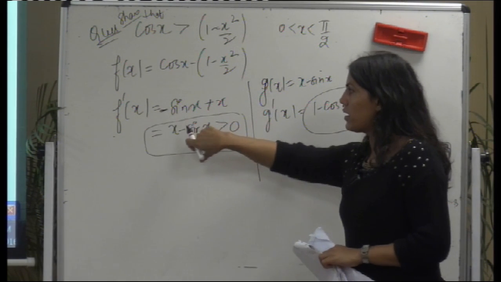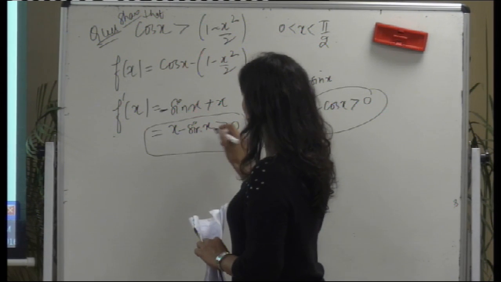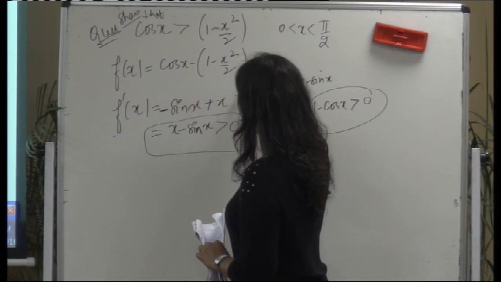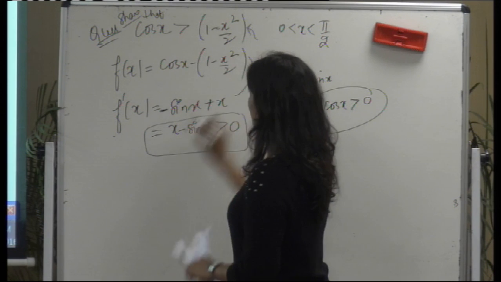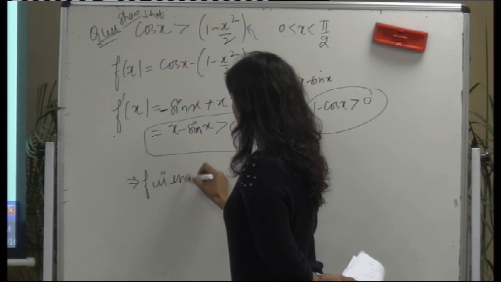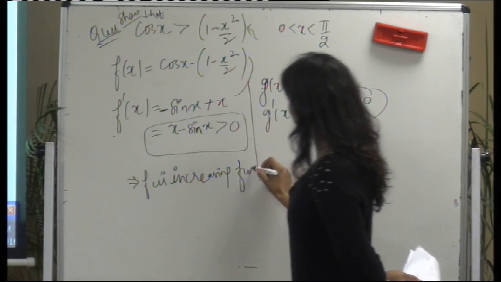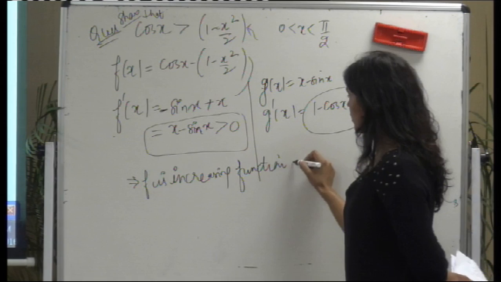So the derivative is greater than 0. So ultimately we got to know that this is an increasing function. So this implies f is an increasing function. Is it fine?